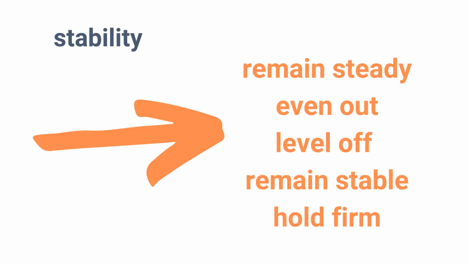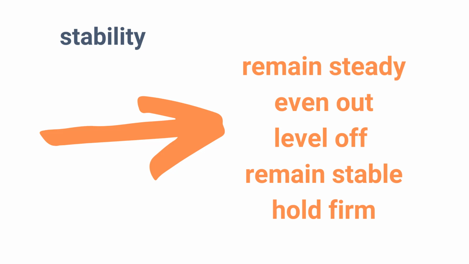It's the aspect of stability. So let's look at some vocabulary for stability. And the 5 examples I've given you here are remain steady, to even out, to level off, to remain stable, hold firm. Again, an irregular verb, hold, held.